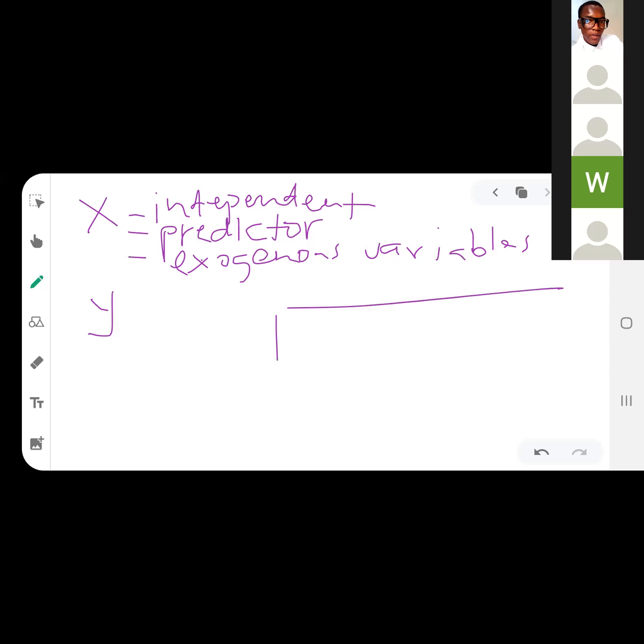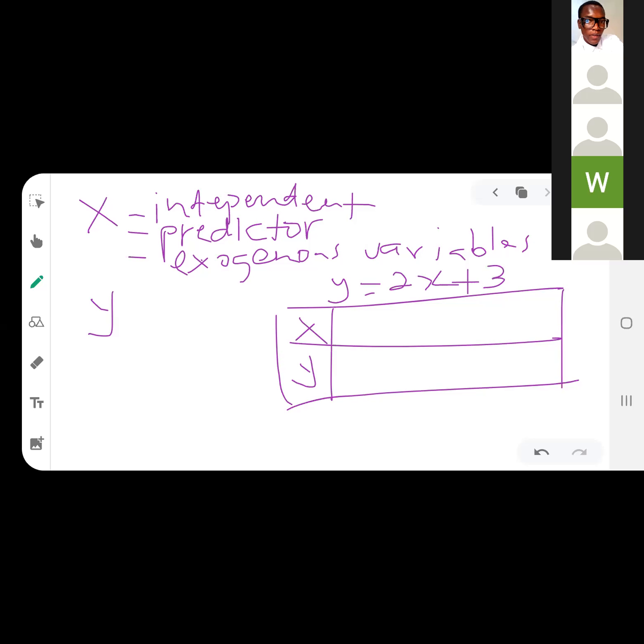Remember in high school, in grade 9, the x values and the y's, and they were giving you an equation like this. They say it is 2x plus 3, and then they say 0, 1, 2, 3, 4, 5, for example, and calculate the values of y. You are given this equation.